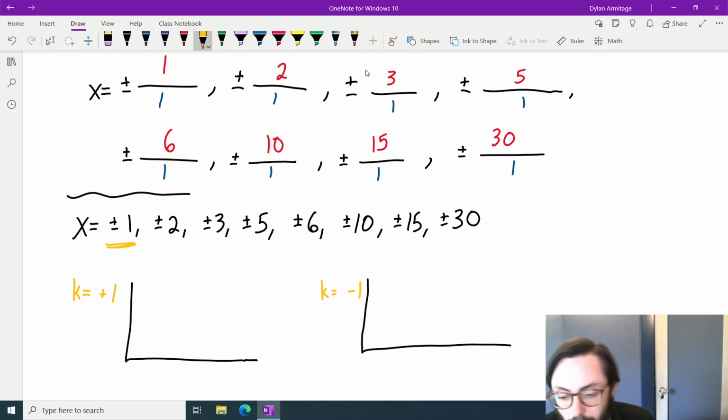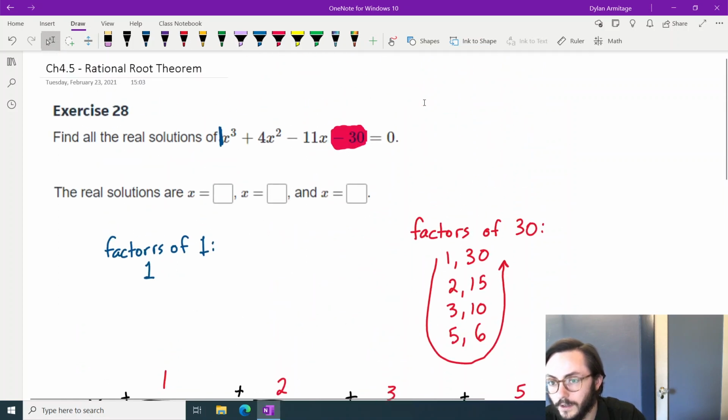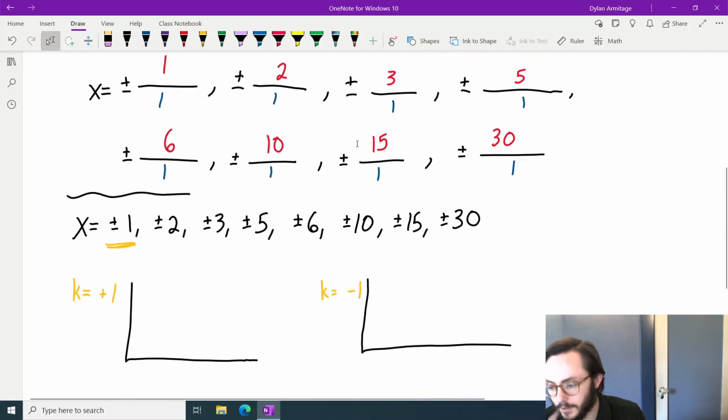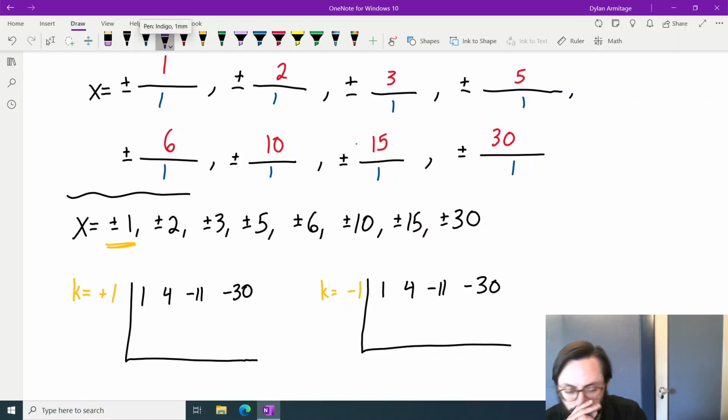Now we need the coefficients of our polynomial, which are 1, 4, negative 11, negative 30, and now we just go through the synthetic division.